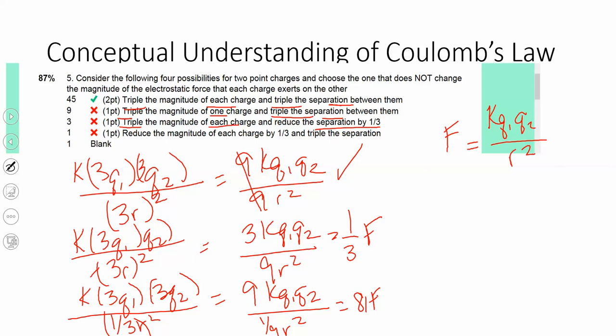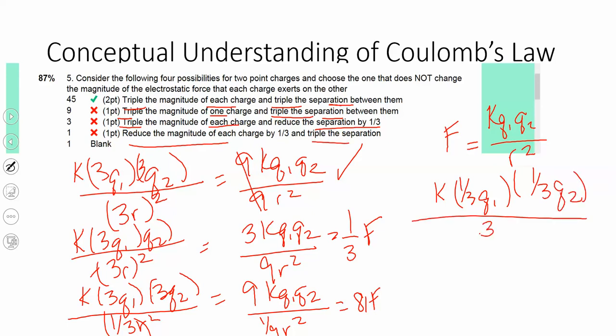And then the last one, reduce each charge by 1/3, so 1/3 Q1, 1/3 Q2, and then triple the separation, (3r) squared.